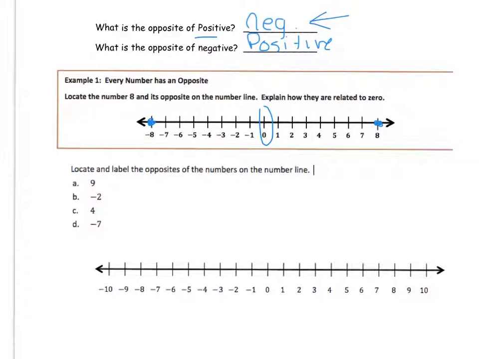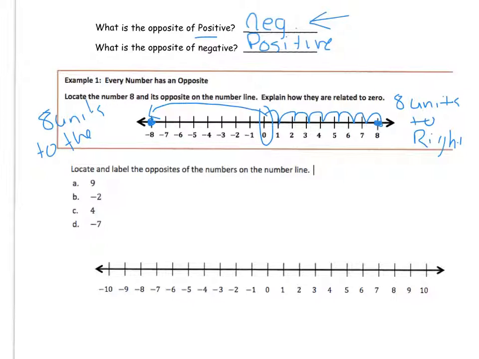8 is 1, 2, 3, 4, 5, 6, 7, 8 units to the right of 0, where negative 8 is 8 units to the left. Oops, I want to get rid of that negative, because it's not negative 8 units to the left, it's just 8 units to the left.